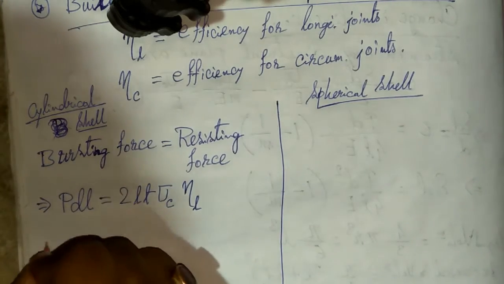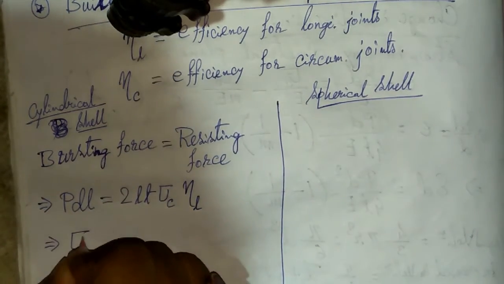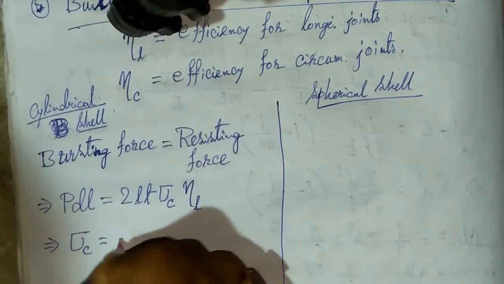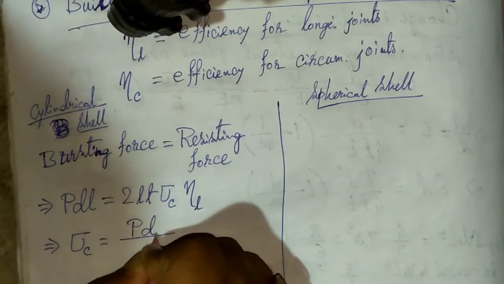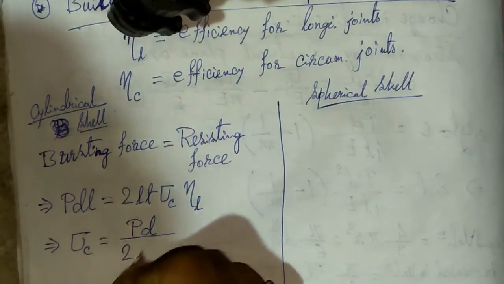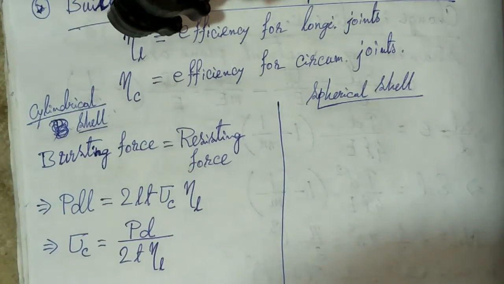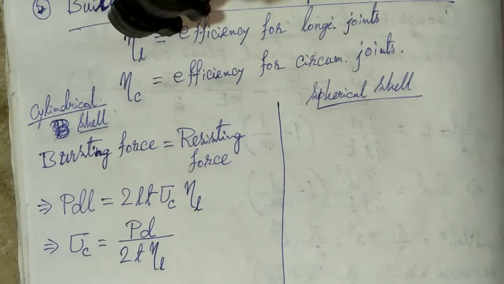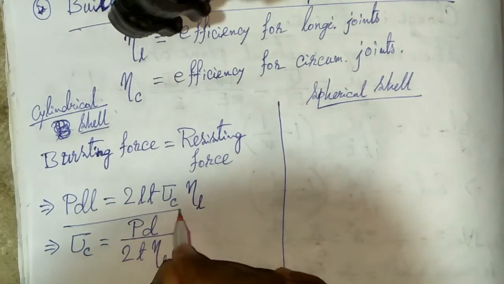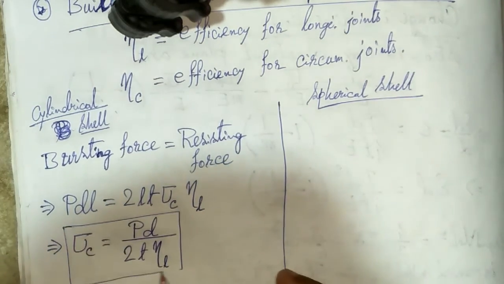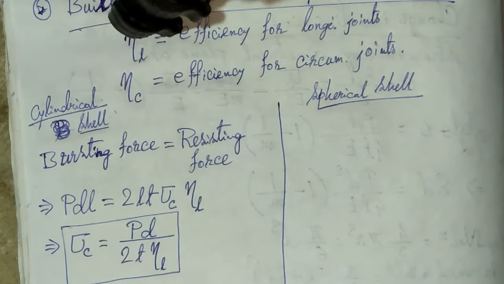So the sigma C becomes PD by 2T into eta L. So in actual practice, the value of sigma C becomes PD by 2T into eta L.